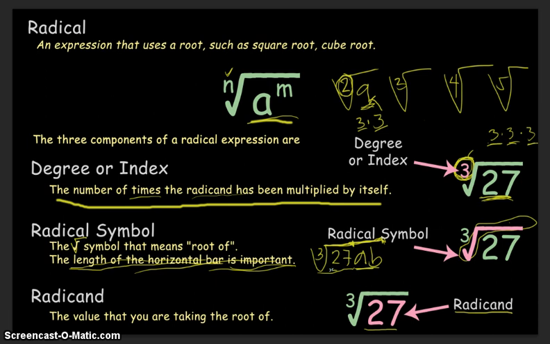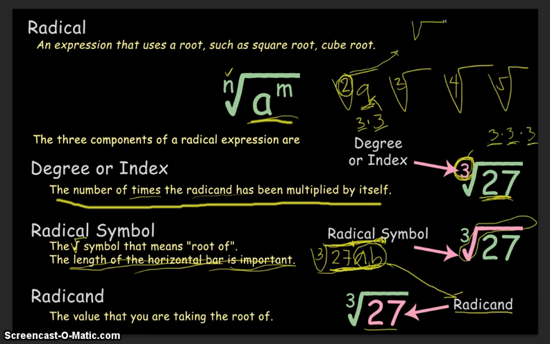Dito, 27AB is the radicand. Pero pag hindi napayungan yung AB, ang radicand lang ay yung 27. Since napayungan siya ng horizontal line hanggang dito, ang radicand natin ay 27AB. Okay, so naintindihan?